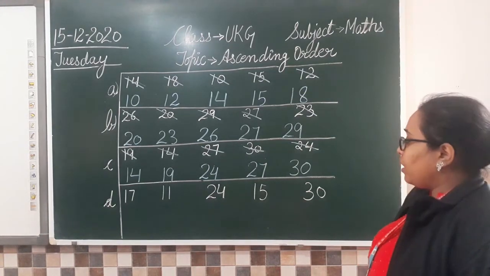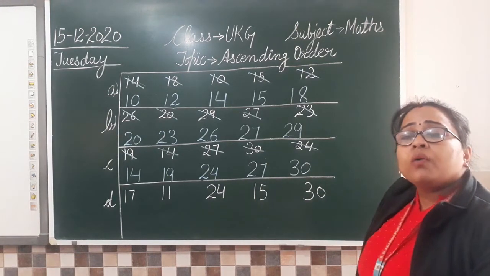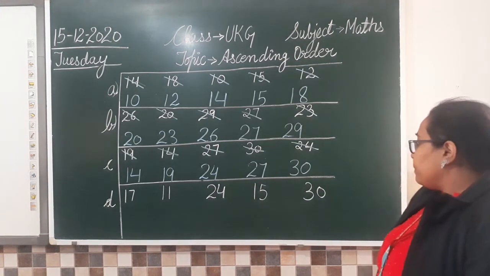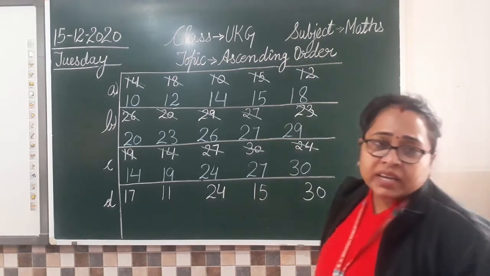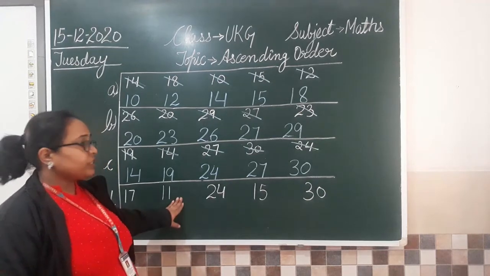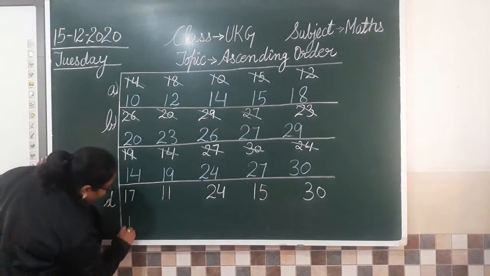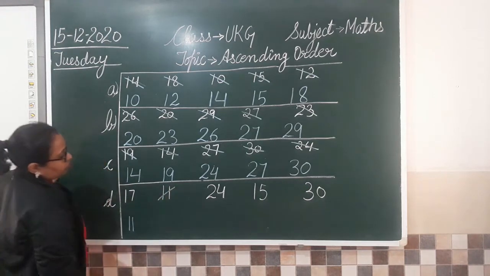Yes class. Hurry up. Now tell me which is the first number we are going to write. Begin your counting fast and tell me the first number we will write here. It's gonna be 11. Yes. So we'll write 11. Cut it down.